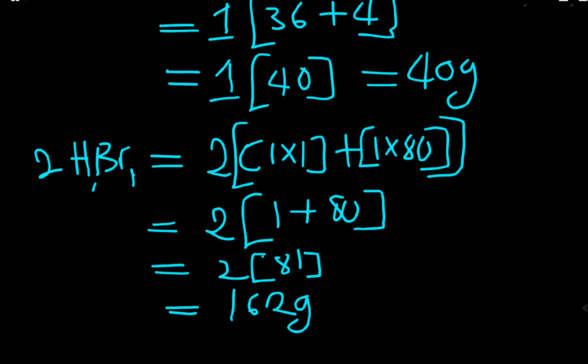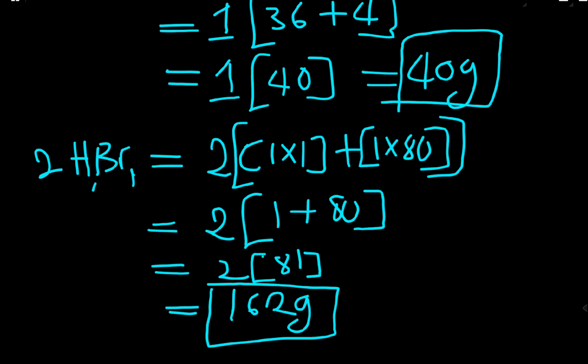And this is of hydrogen bromide. So the molar mass from the balanced equation of propyne is 40 grams here, while that of hydrogen bromide is 162 grams.